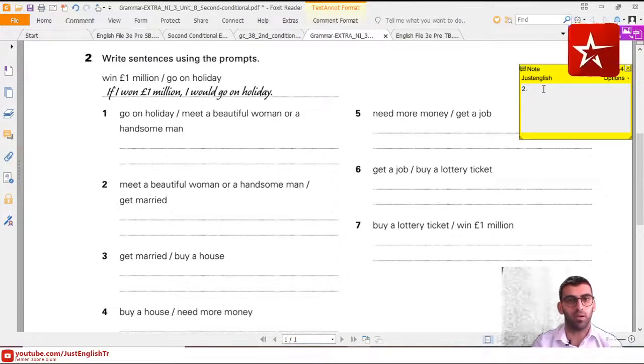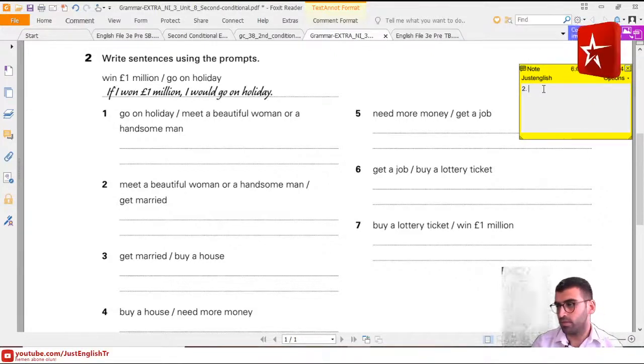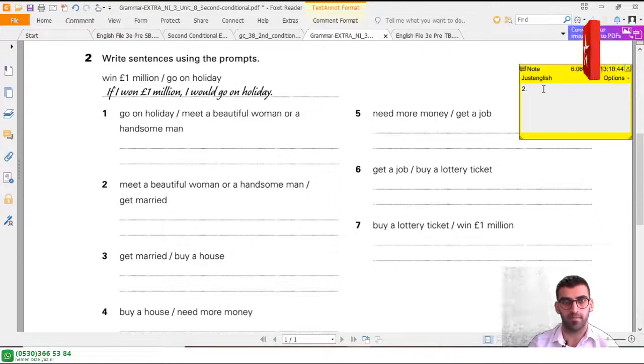Meet a beautiful woman or handsome man, get married. So let's make a sentence using the second conditional. All right. So what about number 2? Meet a beautiful woman or handsome man. Okay, how can we make a sentence by using this idea? If I met a beautiful woman or handsome man, I would get married.